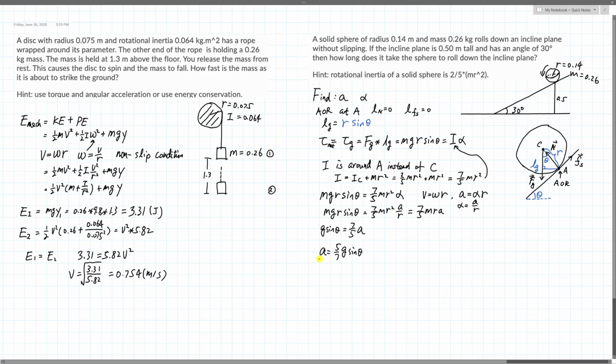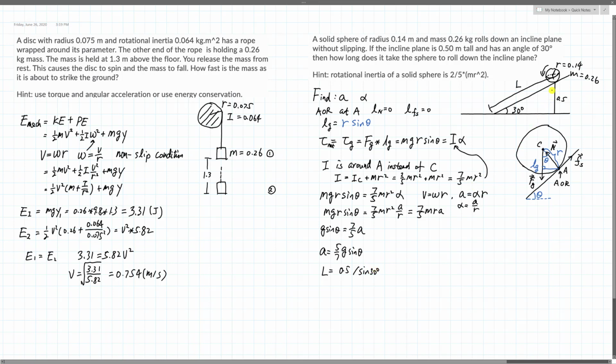So now we have the acceleration. We can calculate how much time it takes to accelerate all the way down to the bottom, and this will be the distance traveled. Let's call this distance L. We have the height and the angle, so we can find this length L: 0.5 divided by sine 30 degrees.